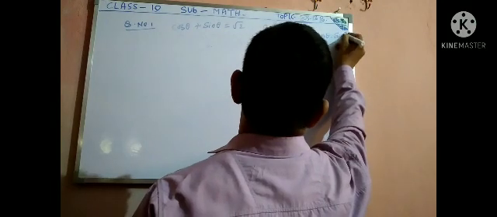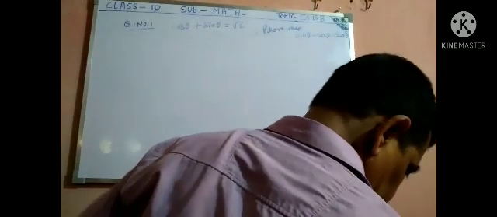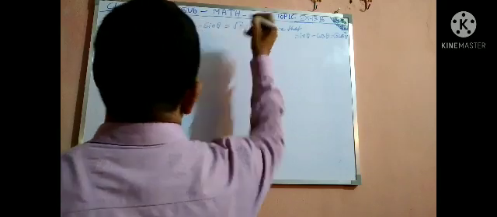That is, cos theta plus sin theta is equal to root 2 cos theta.